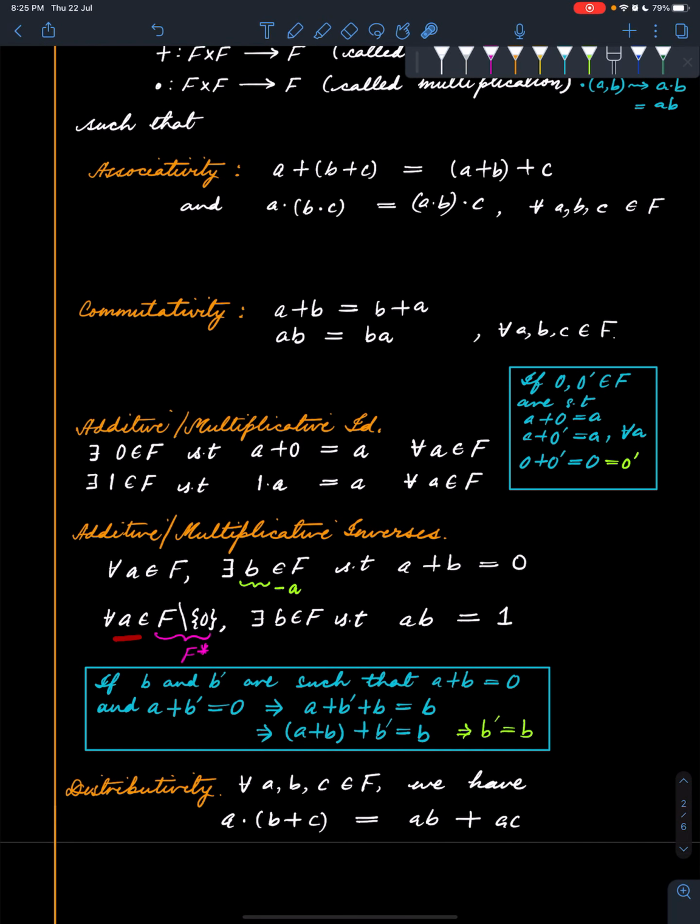Given any non-zero element, there is only one B such that this happens, by the same kind of reasoning. So this is something that we denote by A to the power minus 1, or we also use 1 upon A, whichever we like. All right. So that's the matter of notation.